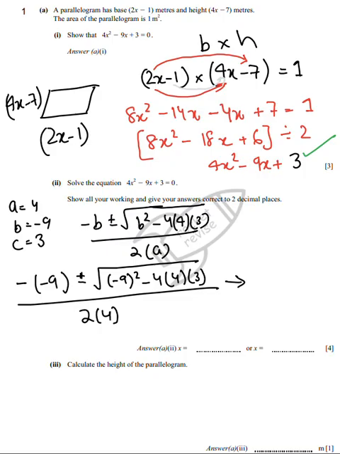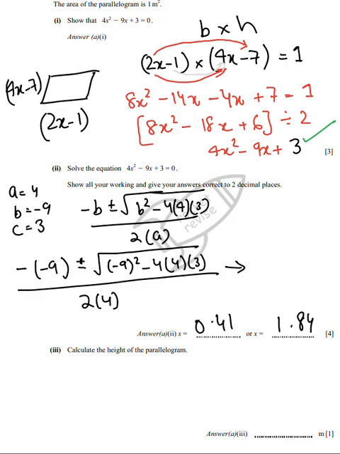Yes, I'm here. What do we get as answers? 0.41 and 1.84. Okay, 0.41 and 1.84. These are the two values of x that we get. Okay, clear?